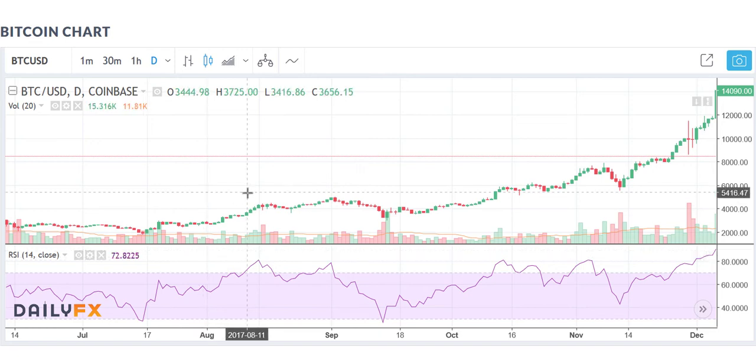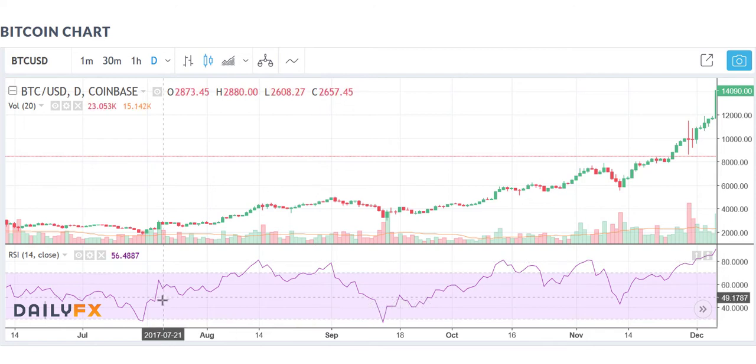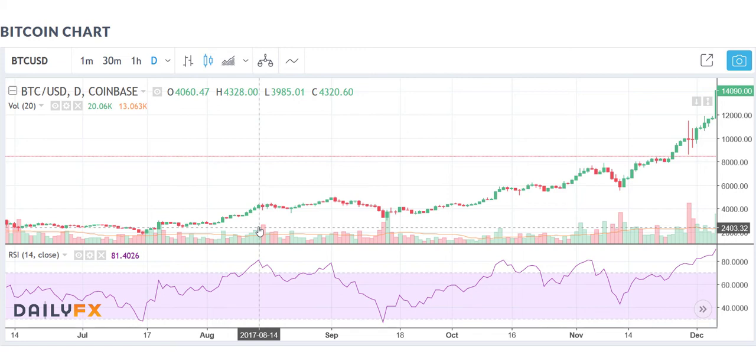So here we can see the Bitcoin, and it's hopping between 80 and say 30. So say you bought it at 30. So that's what? About 2,000. And then you waited till the RSI was 80.